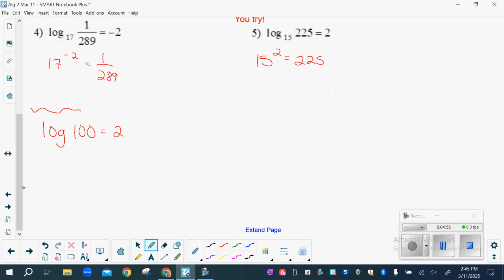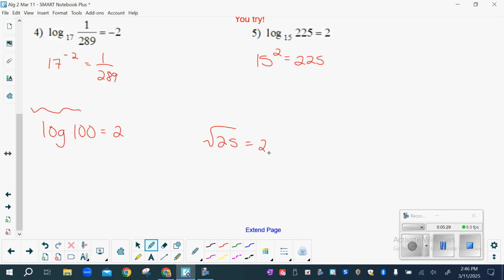Okay, so here's a new piece of information before we go the other direction. If we have, for example, log of 100 equals 2. Just like when we have a square root, say we have the square root of 25 equals 5, what's my index or root assumed to be? A 2. Because I use it so much, we don't put that 2 there.